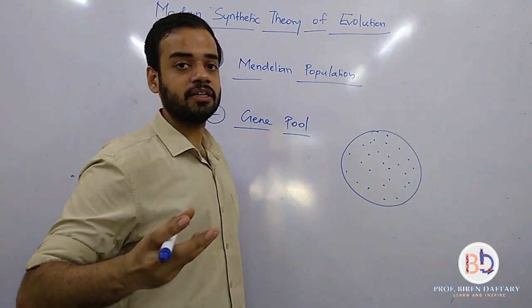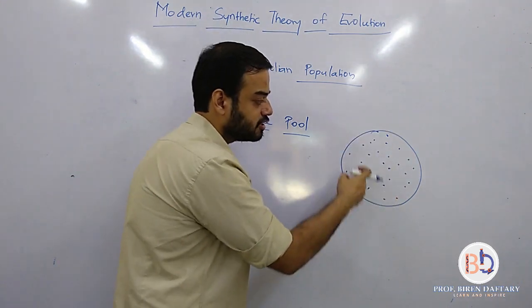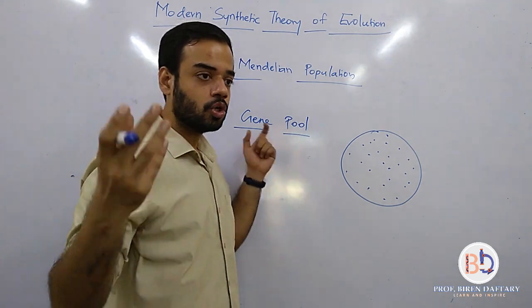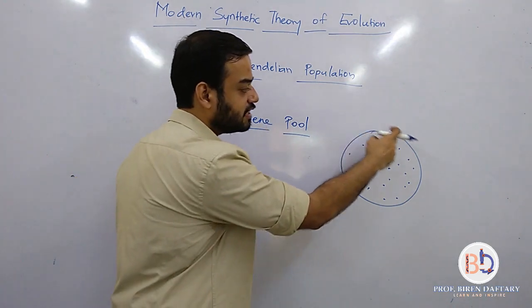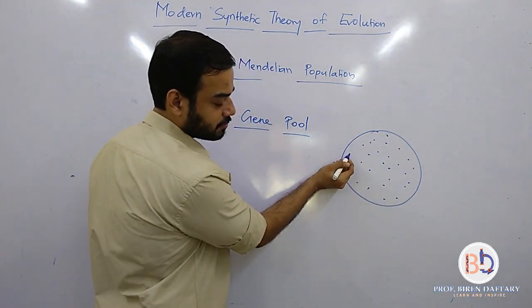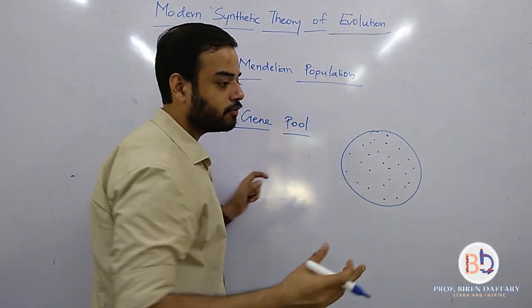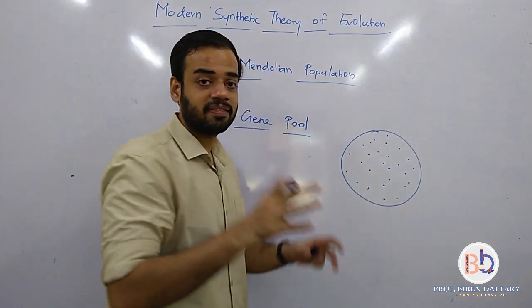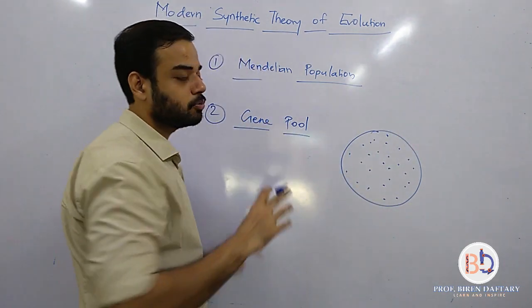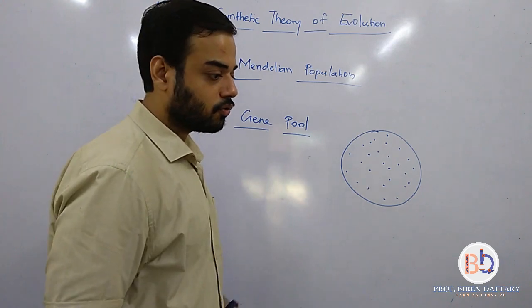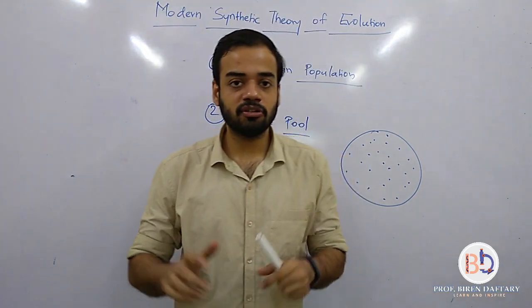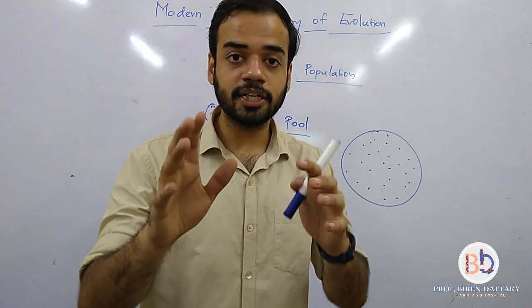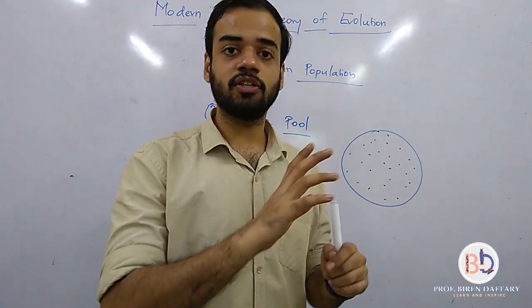So if I want to find the total number of genes present in this population, how will I find that out? Very simple. I have to total the genes present in each organism. If this organism has some genes, then this has genes. So I have to calculate the total number of genes present in all the organisms, and that total is called the gene pool. Is this clear? For example, just imagine that you are sitting in a classroom. There are 30 total students, including you, and there is one teacher.